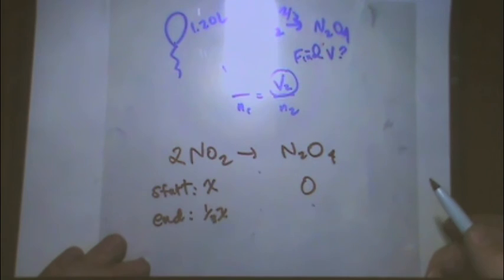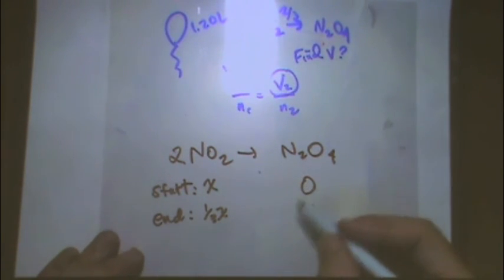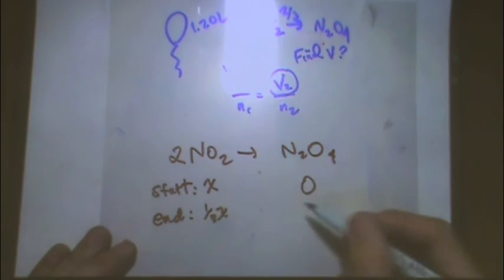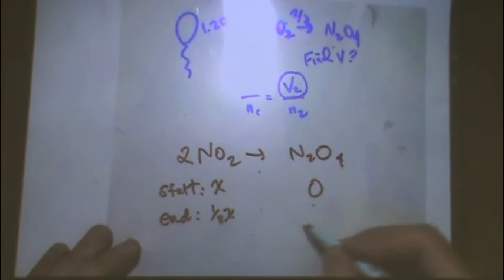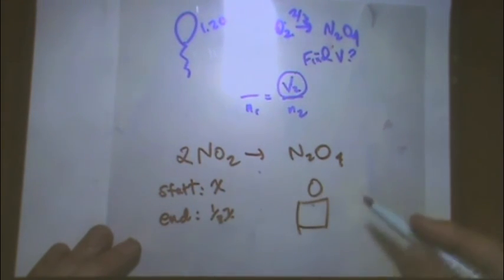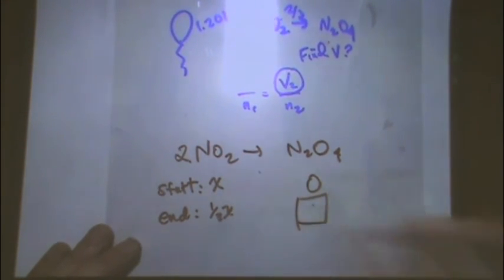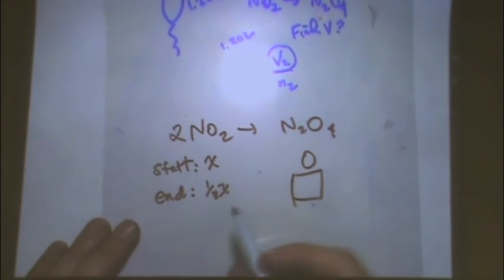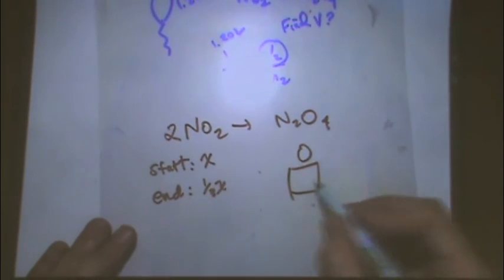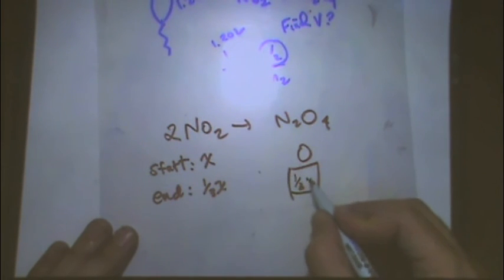Is that okay? 2/3 are gone. All right. Oh, let's also balance this, too. Now here's the crazy part. How much did I make of this? Because of the molar ratio, I make 1/3 of X. Why is that true?